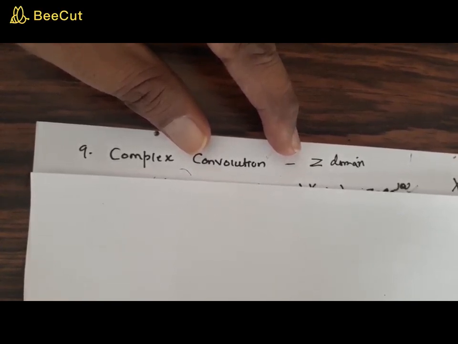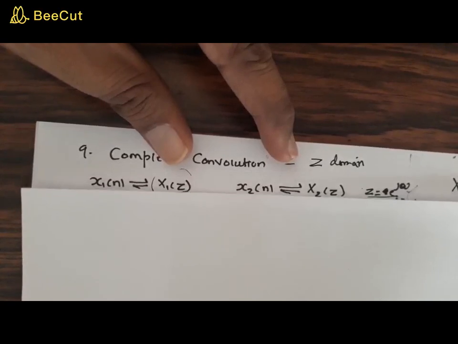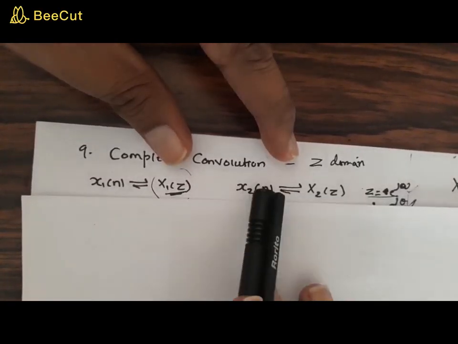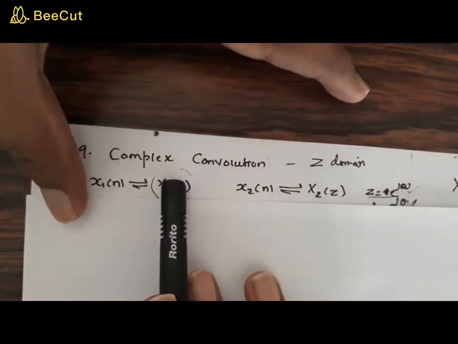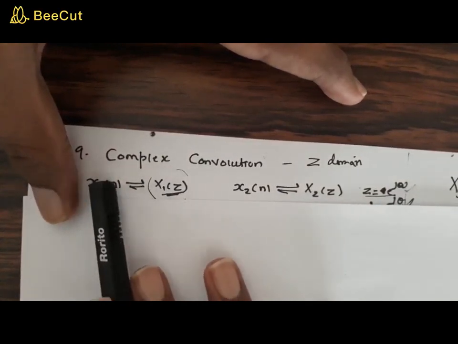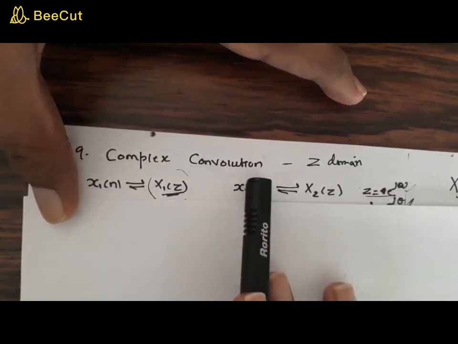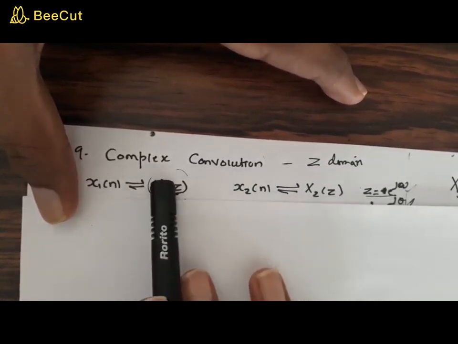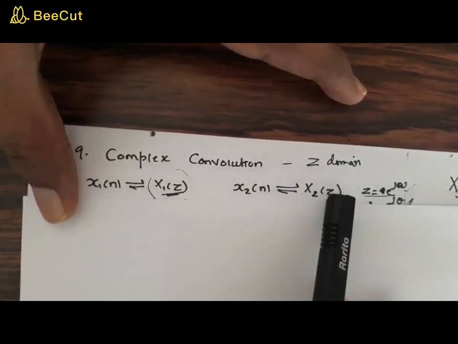In the convolution property of Z transform, we studied that when you convolve two time domain signals, say x1 of n and x2 of n, the transform of x1 star x2 of n will be simply the product of x1 of z and x2 of z.